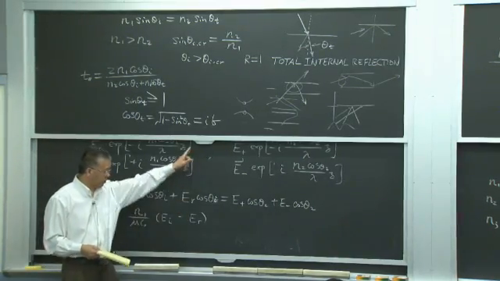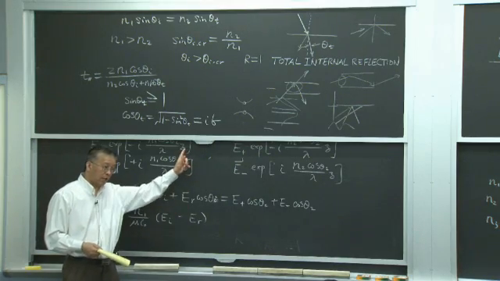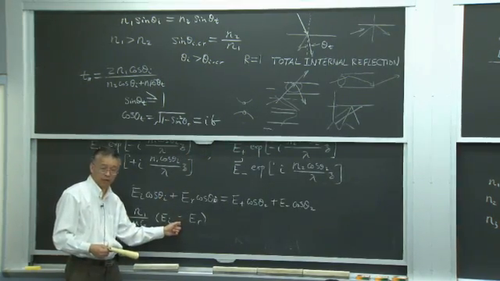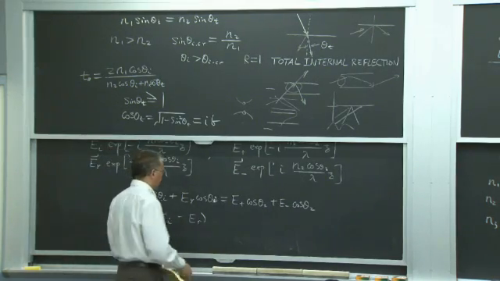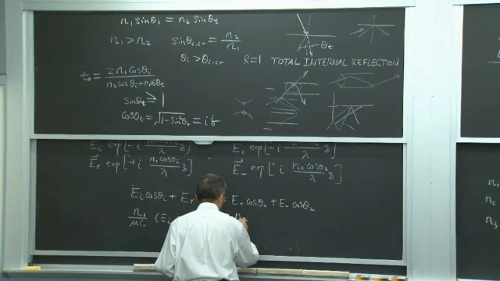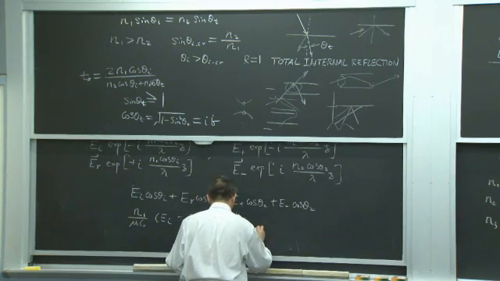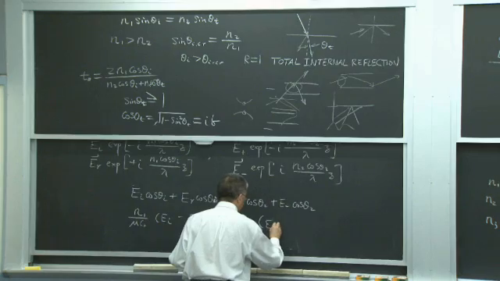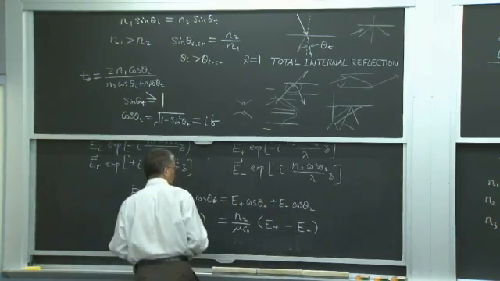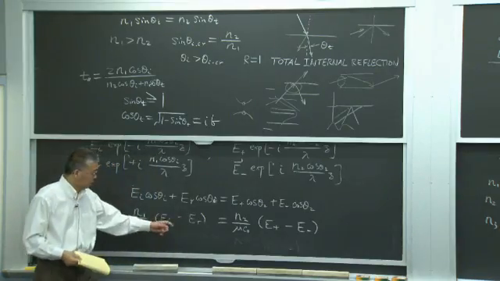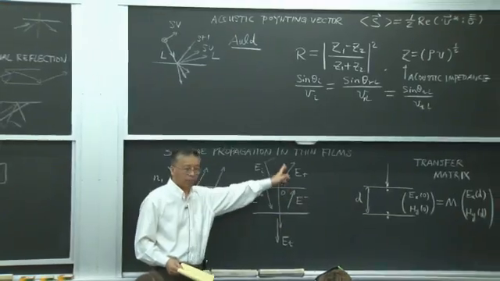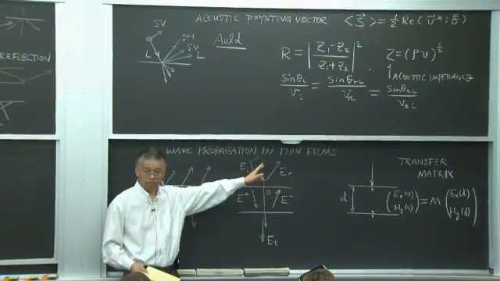For opposite propagation, because of the direction change and my right-hand rule, I have a negative sign in front. And the same is n2 mu c0 times (E plus minus E minus). So this is the amplitude, E plus and E minus, of the forward and backward propagating waves.